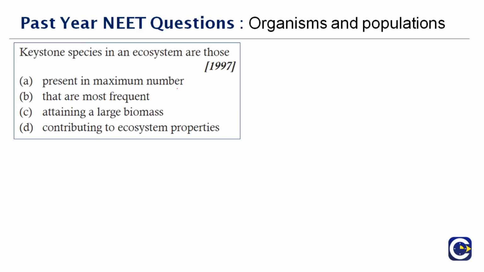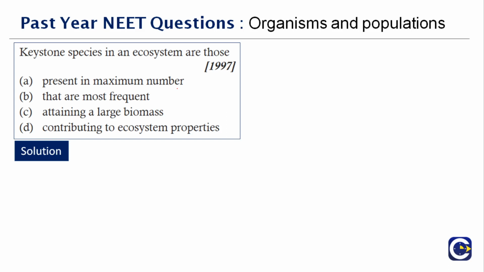Keystone species in the ecosystem are those. Okay, I actually explained in the earlier part of the same chapter what a keystone is. That is, the quantity or the presence of keystone species is very low, but still they have dominance. Their presence is highly needed, but it is present in low number.